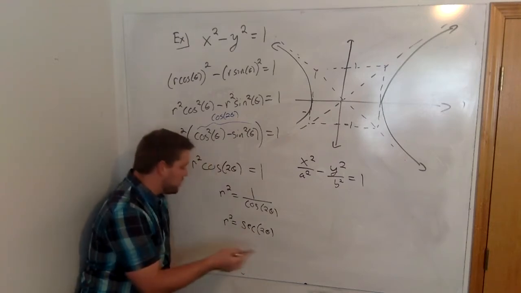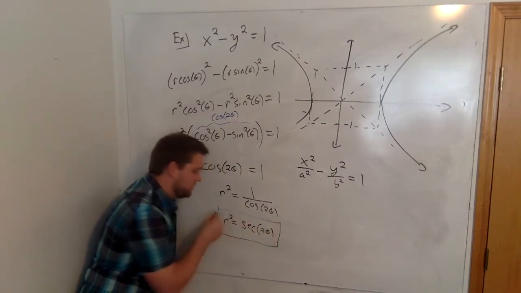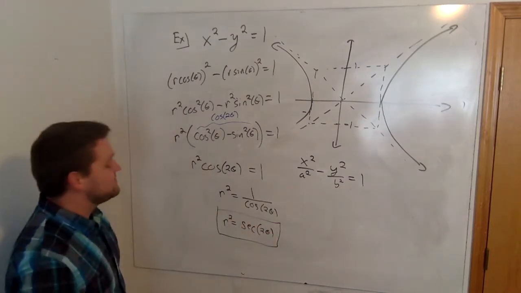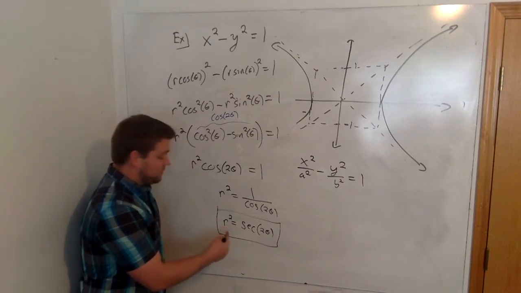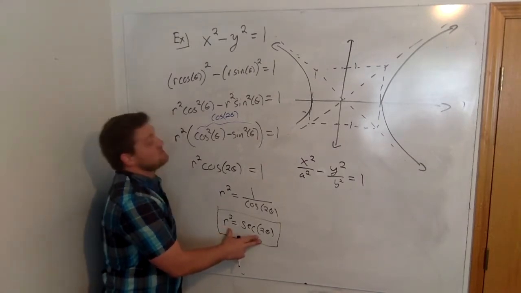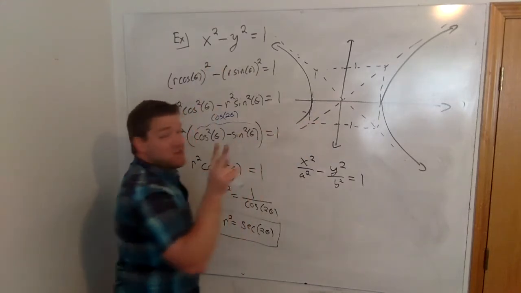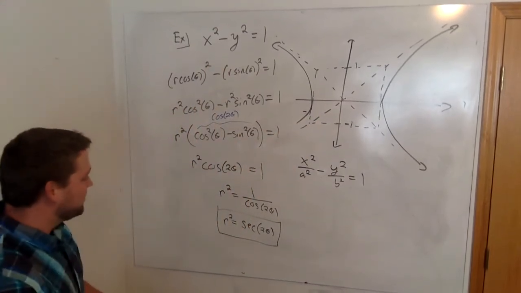I guess you could square root both sides and do plus or minus, but I'm just going to leave it in this form here. So this is r squared equaling secant of 2 theta. What is this describing in polar coordinates? That's describing x squared minus y squared equals 1, or it's describing this unit hyperbola. Cool. Fun.